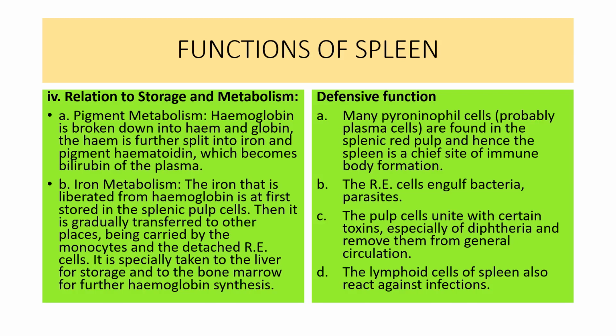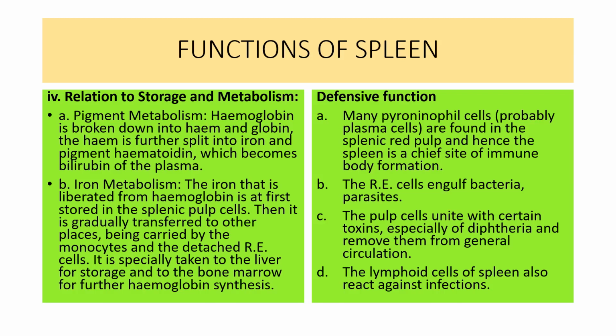The iron that is liberated from the hemoglobin is at first stored in the splenic pulp cells. Then it is gradually transferred to other places, being carried by the monocytes and the detached RE cells. These are especially taken to the liver for storage and to the bone marrow for further hemoglobin synthesis.